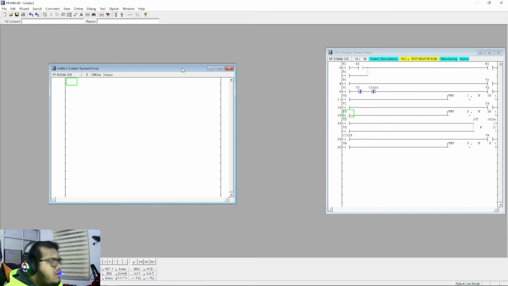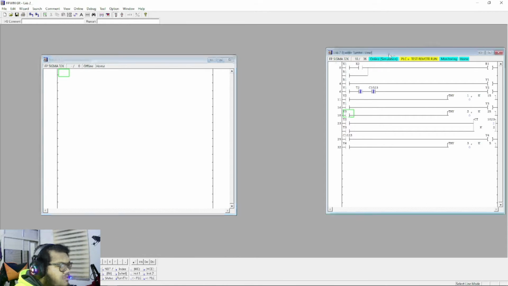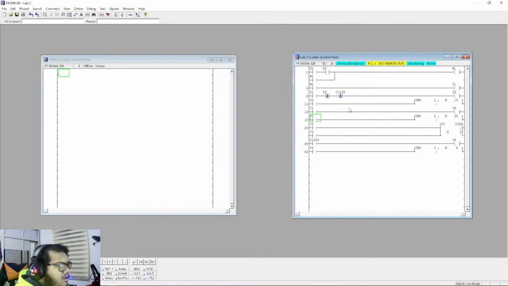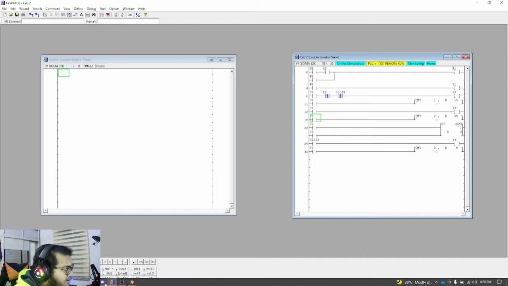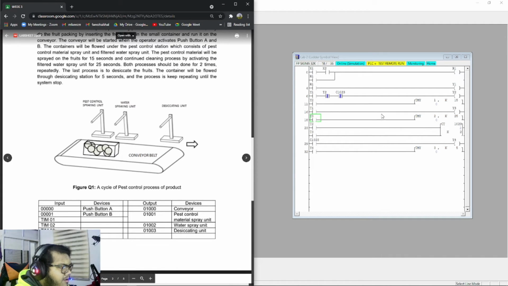So I will continue to the ladder diagram. This is the diagram that I have done before.